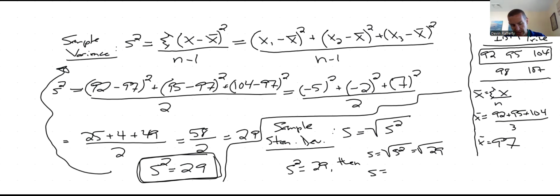Square root of 29 is 5.38. Okay. So in other words, the sample standard deviation is 5.38.